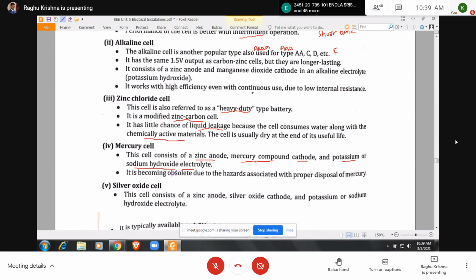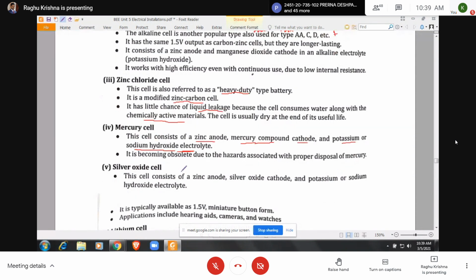The electrodes are placed in the electrolyte. It is becoming obsolete, meaning we are not using this mercury cell nowadays due to the hazards associated with proper disposal of mercury.